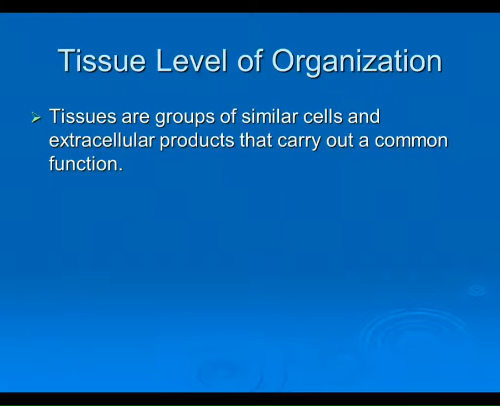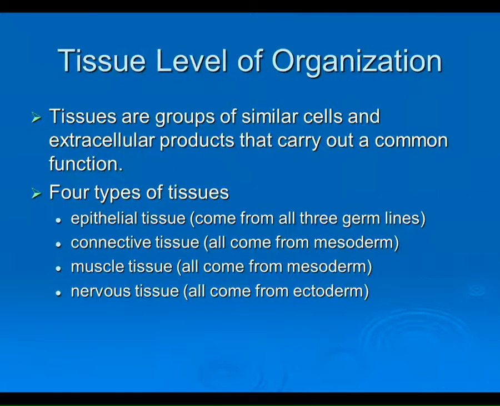Now we know that tissues are formed from cells that come together and carry out some common function. And you know there are 4 types of tissues: epithelial, connective, muscle, and nervous, in no particular order. And this is new for you. Epithelial tissues are formed from all 3 germ layers. That is, some epithelial tissues are formed from the ectoderm, some from the mesoderm, and some from the endoderm. That makes sense when you think about where one finds epithelial tissues.